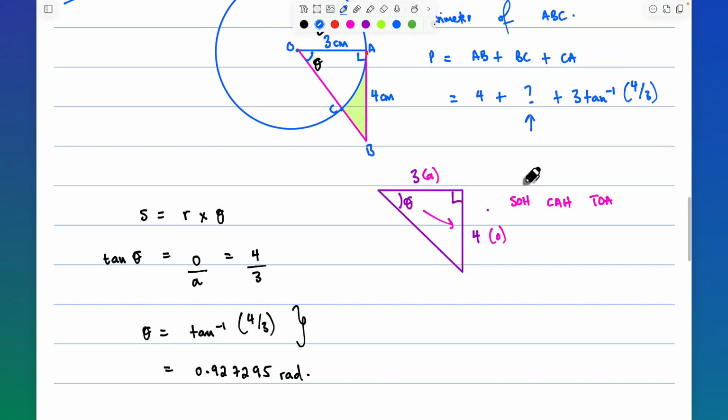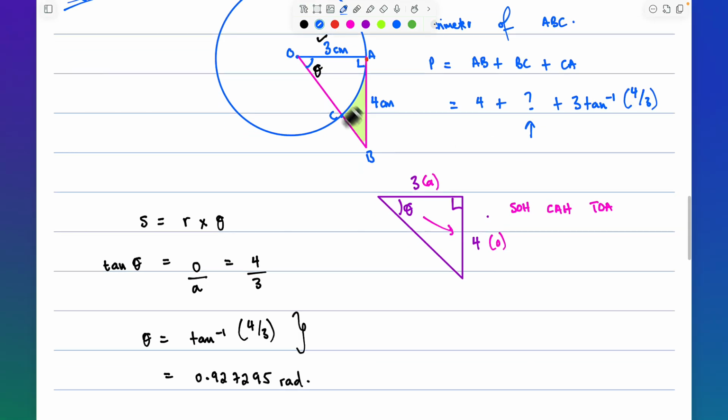Now BC is this line over here, but you also notice that this is part of the hypotenuse of the triangle, but it's only a portion. So we need to find O up until B, right, which is the whole hypotenuse. But we also know that from O until C, this is 3 centimeters because this is the radius.